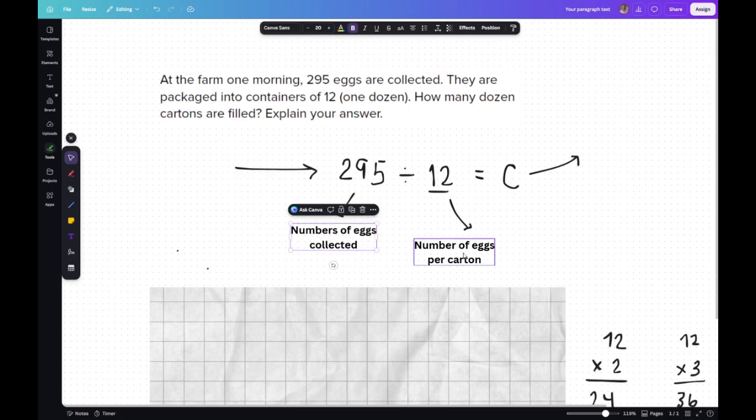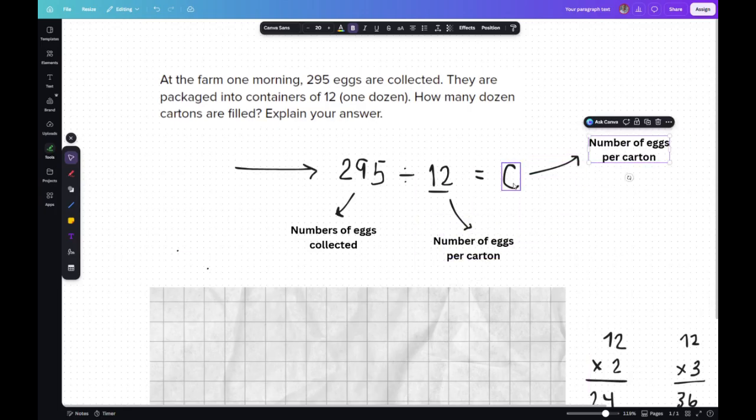And finally, the letter C represents the number of cartons that we're going to fill. So in this case, this is going to represent how many cartons can be filled.